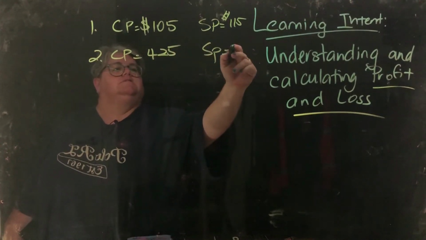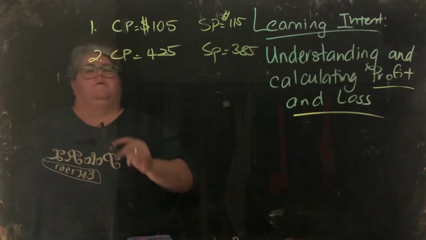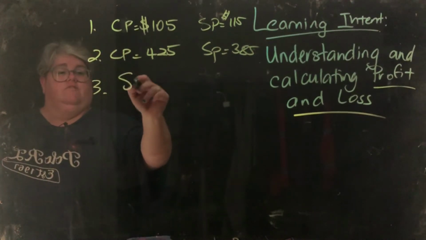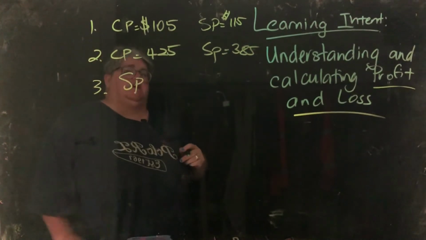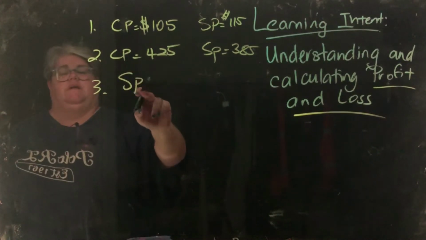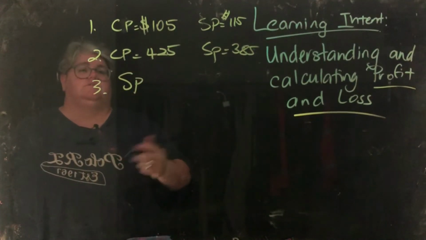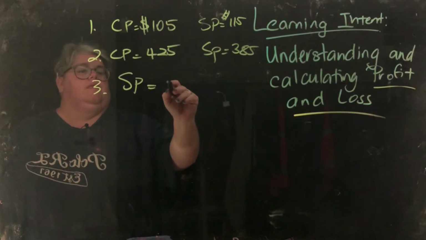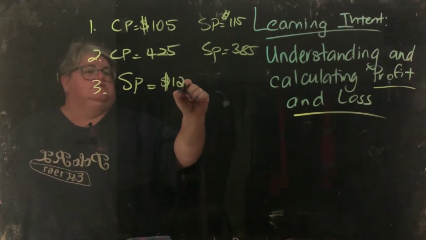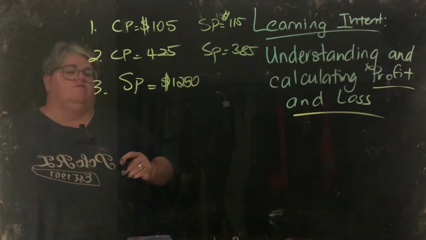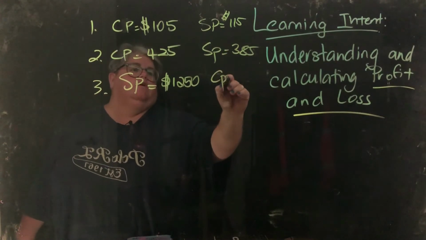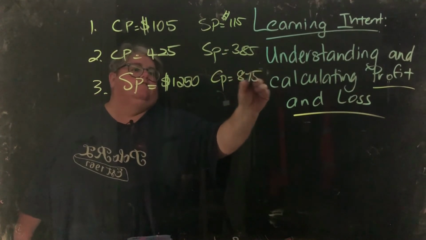Our sales price is $385. Number 3, sales price. Now be careful, I'm changing them around, so don't always expect that I'm going to put cost price first. Our sales price is $1,250 and our cost price is $875.